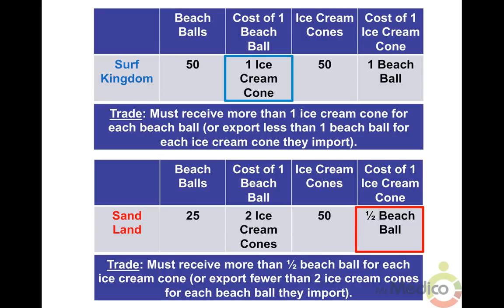Sandland would need to import more than 1/2 of a beach ball for each ice cream cone that it exports. This is that I over E rule that we worked with earlier in the year. I over E should be greater than the opportunity cost of what the country is exporting. I over E should be greater than the OC of the E.